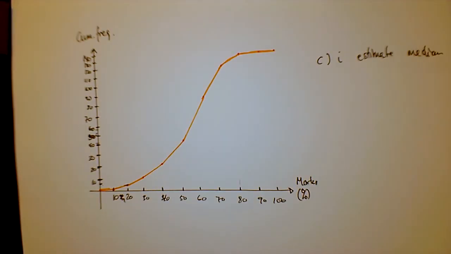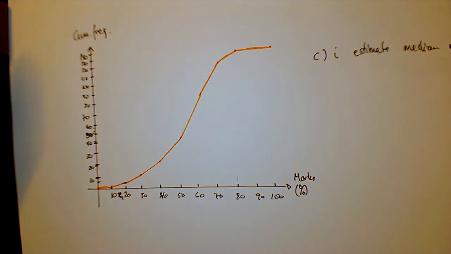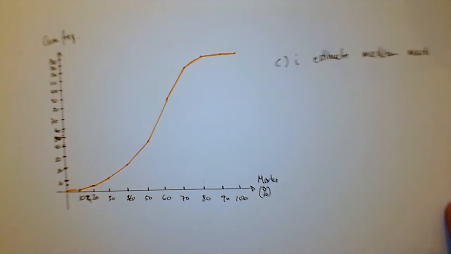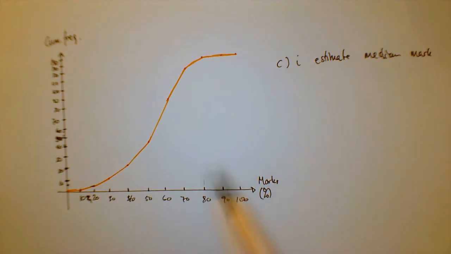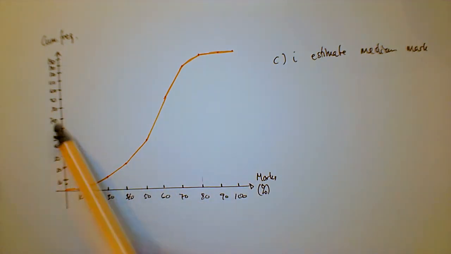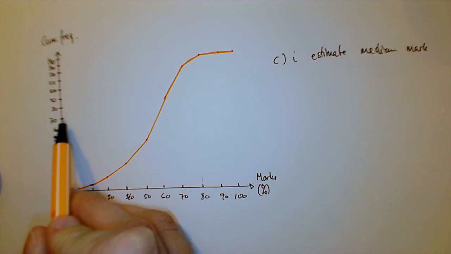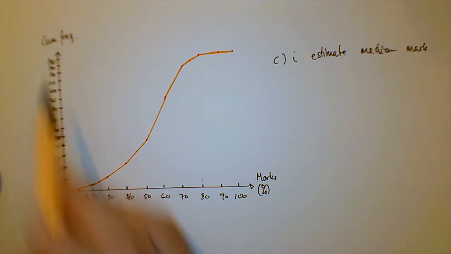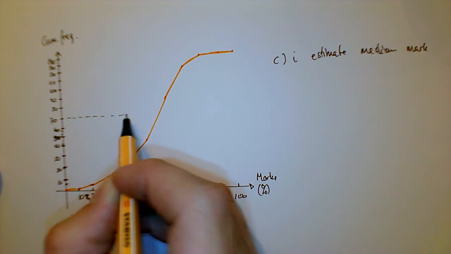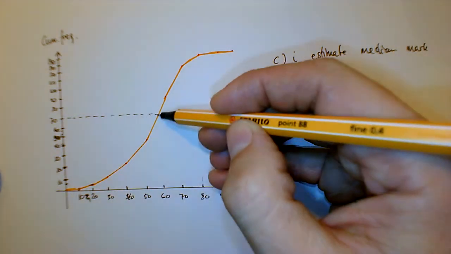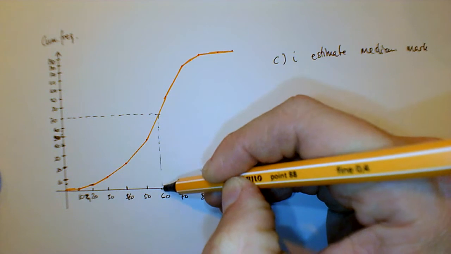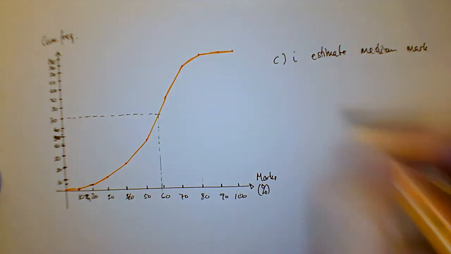If the cumulative frequency graph goes from 0 to 140, then the median should be approximately 70, because that's in the middle of 140 and 0. So that's moving over here, and then we hit the curve and we go down, and we get approximately, say, 58 or something like that. So the median mark should be approximately 58%.